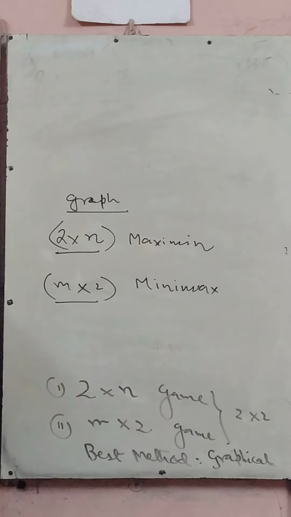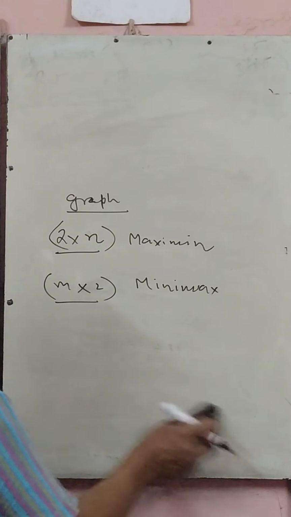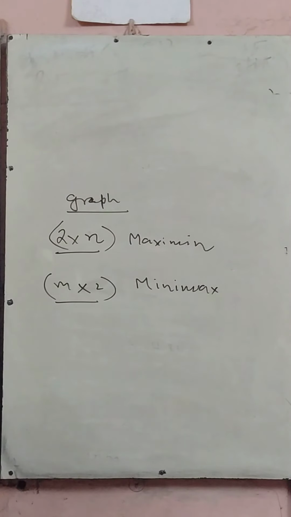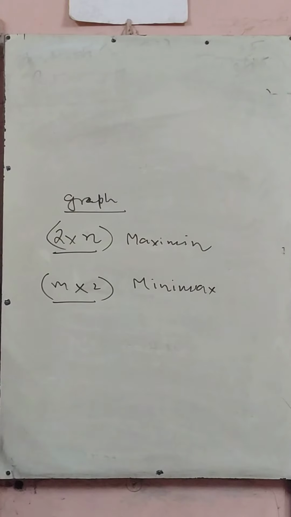Now how to solve? I am doing 2 problems now. One is the maximin idea for a 2 by 3 or 4 matrix, that is 2 rows and more than 2 columns, and then I will do more rows and 2 columns.